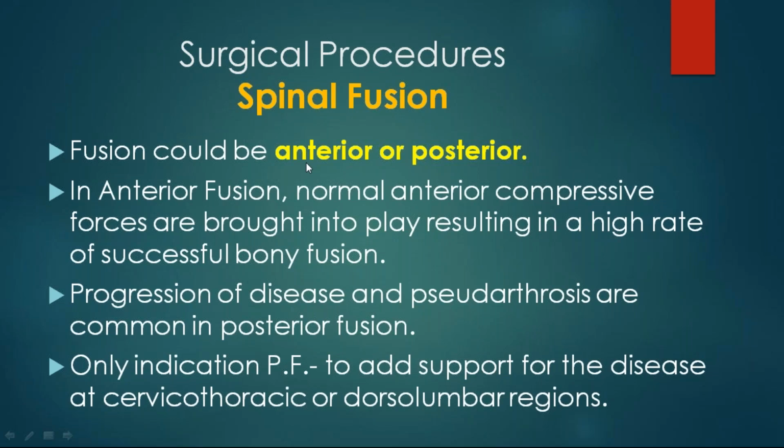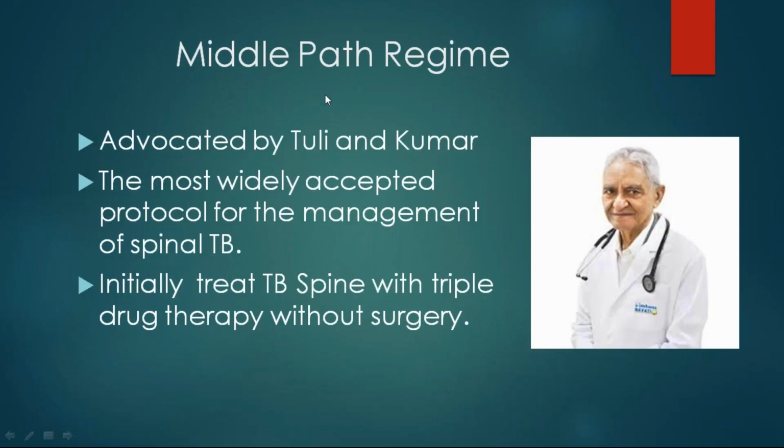So coming to the questions you needed. Pott spine can be given as an essay, or diagnosis of Pott spine can be given as a 4 marks. Cold abscess can be given as a 2 marks or a 4 marks. So for diagnosis, you need to tell the blood investigations, X-rays, CT, MRI, ultrasound, and at least you can write 1 or 2 findings in everything.